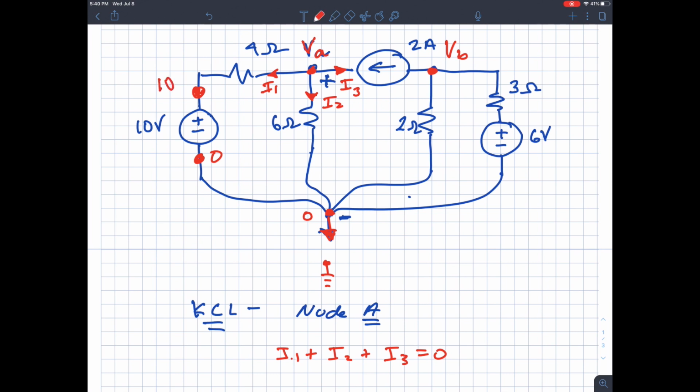The voltage is labeled 10, and I can slide this dot right next to the resistor. A lot of times you do this mentally, you don't actually physically move the dots.